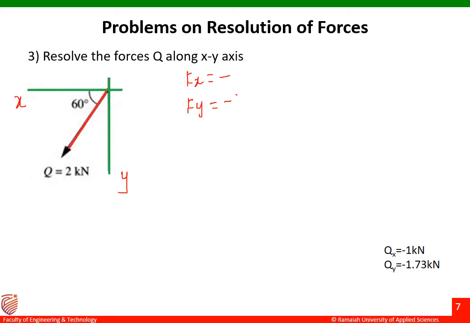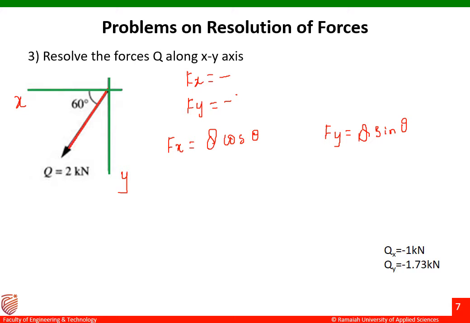So coming to resolution of the force Q, what I'll do? Fx equal to Q cos theta, as the angle 60 degree is made with respect to the horizontal axis. Similarly, Fy equal to Q sine theta.